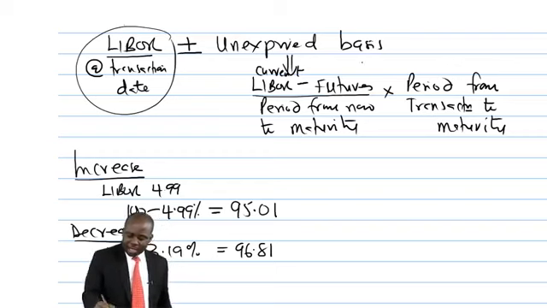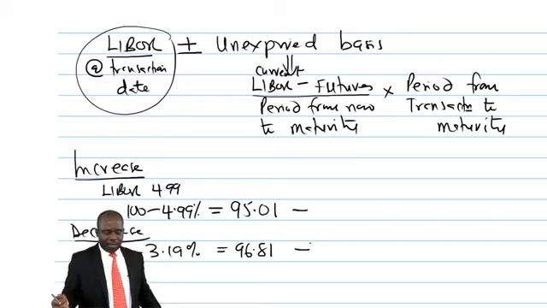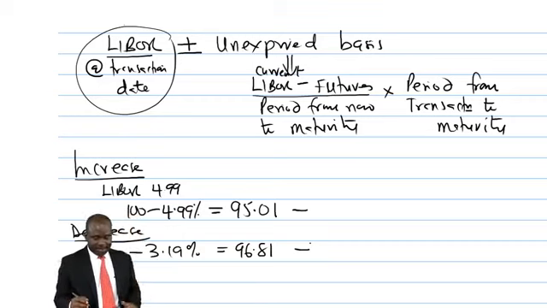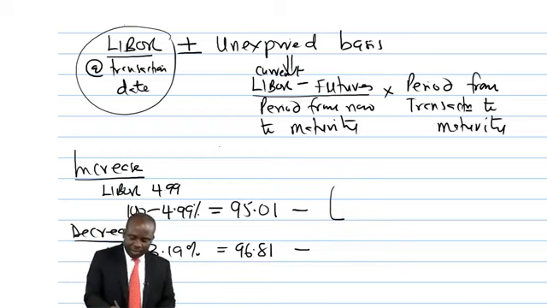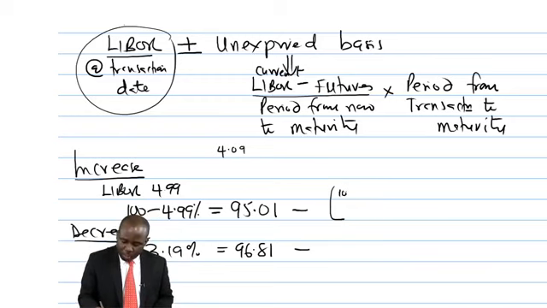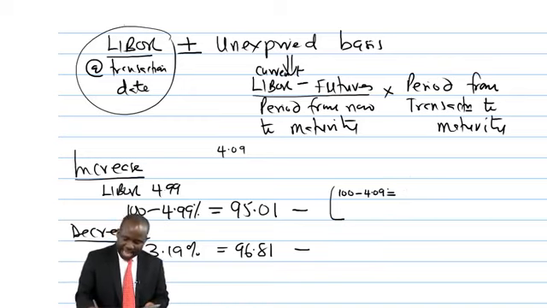Now I need the unexpired basis. That one doesn't matter whether it is increasing or decreasing, it is the same. So what is the LIBOR now? The LIBOR now, if you remember, is 4.09. So 100 minus 4.09 is 95.91.